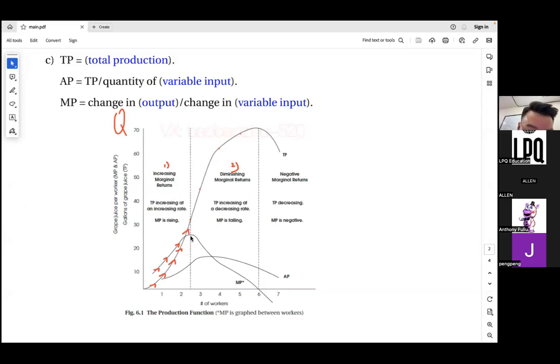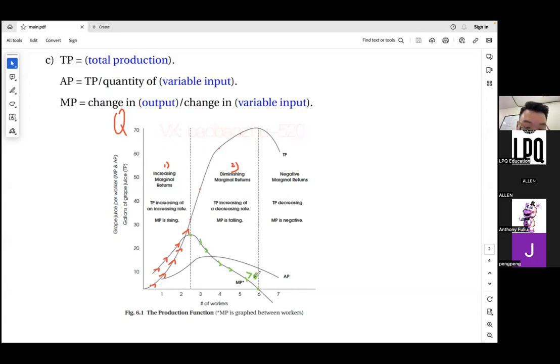You see in the second stage, after the peak of MP, your MP begins to decrease until it reaches 6 here. But in the second stage, even though MP is decreasing, it is still greater than 0, because all of the MP in the second stage is above the horizontal line.